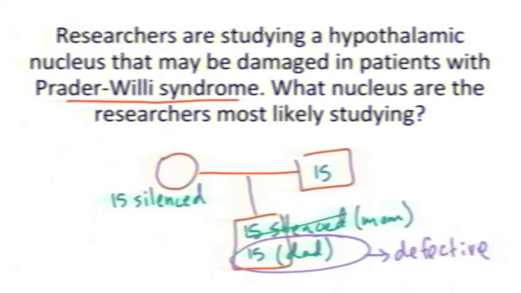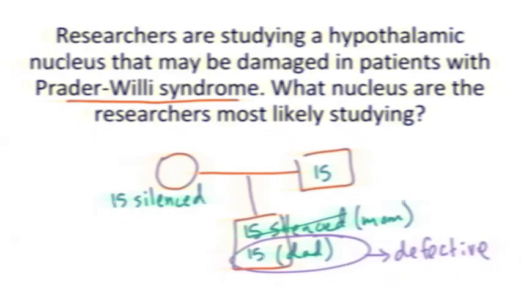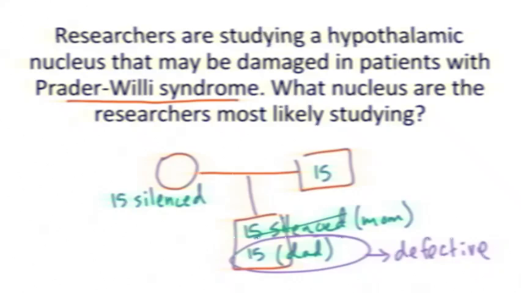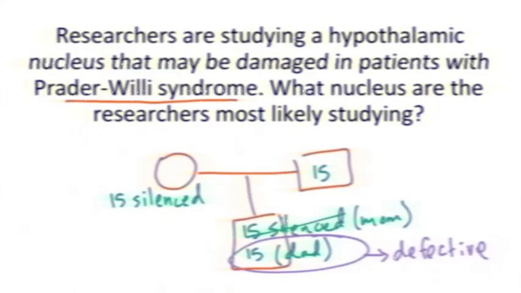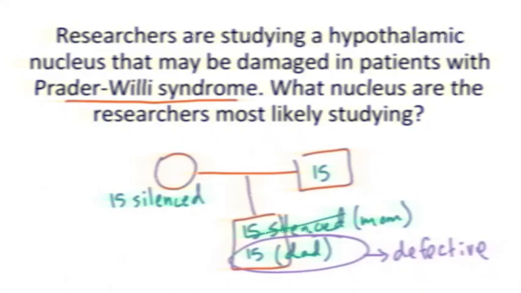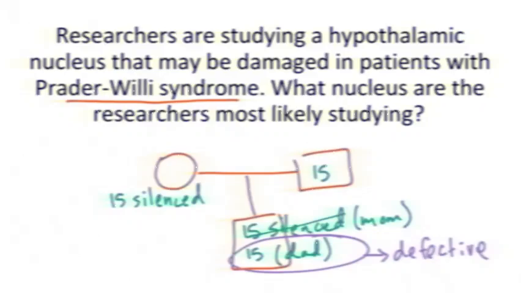In order to get this question right, you need to recall that symptoms associated with Prader-Willi syndrome include hyperphagia and obesity. This question is asking about what hypothalamic nucleus may be involved in this disorder. Recall that the ventromedial nucleus of the hypothalamus normally mediates satiety, or a sense of fullness. So if this nucleus is damaged, then patients will constantly feel hungry and overeat.